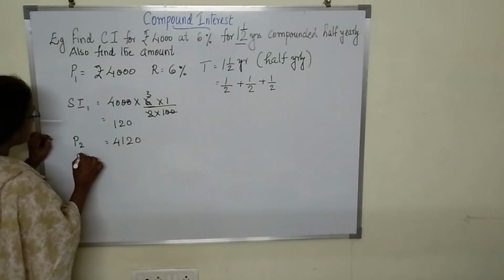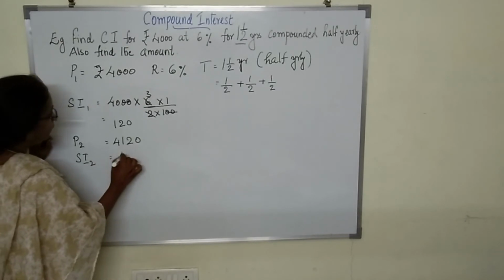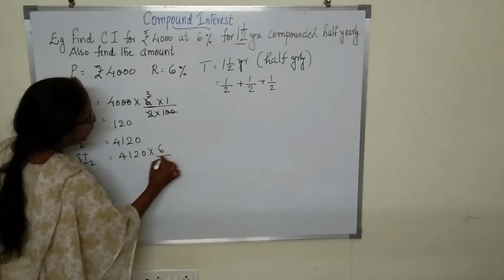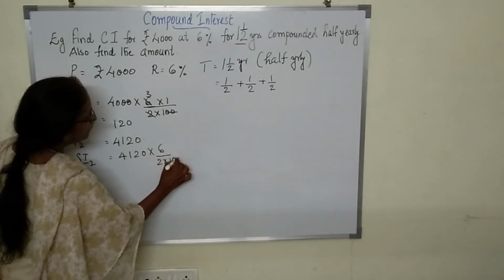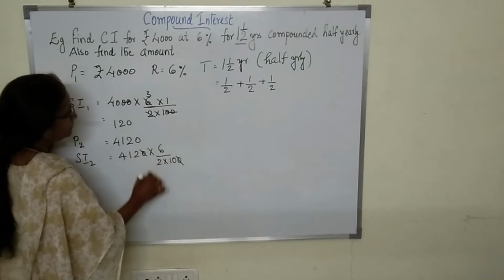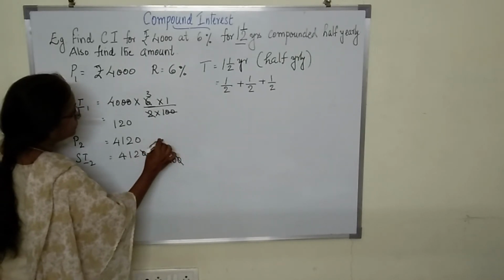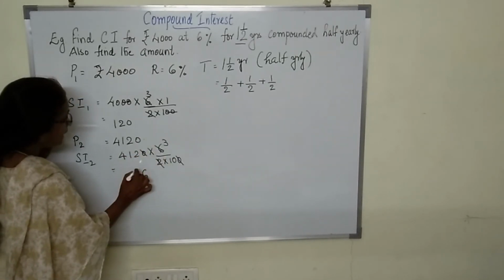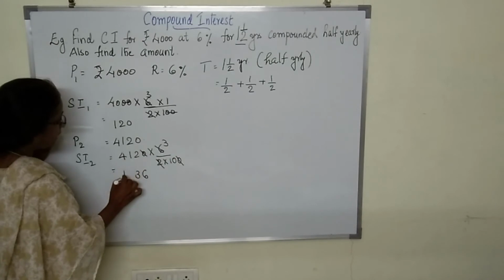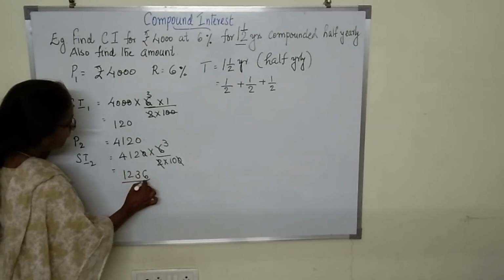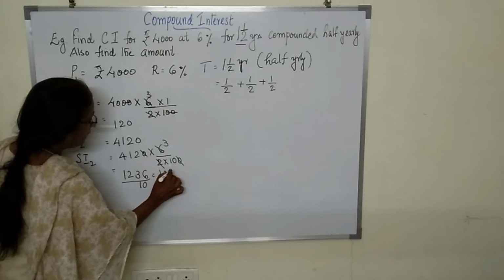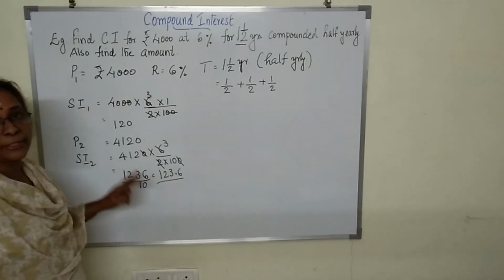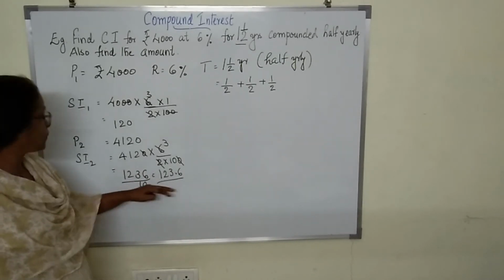So what will be SI2? 4120 into 6 upon 2 into 100. 2 3s are 6, 3 1s are 3, 3 4s are 12, whole upon 10. That is 123.6. This is the interest at the end of the second term.